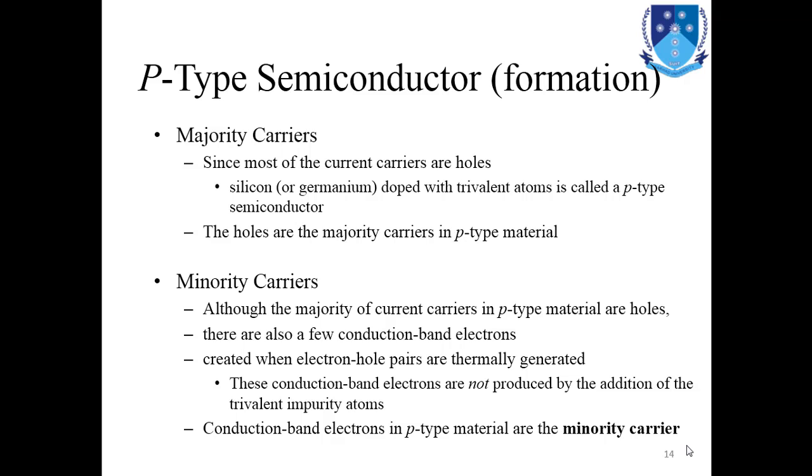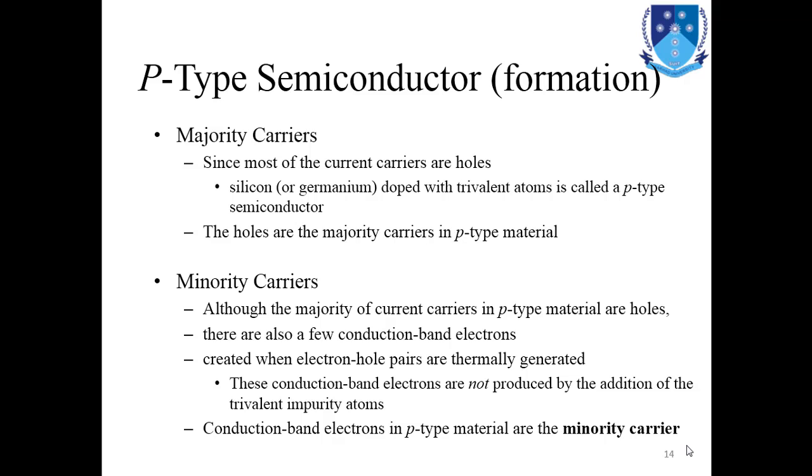Although the majority of current carriers in p-type material are holes, meaning that holes are used as current carrier particles and these holes are in majority inside the p-type material, there are also a few conduction band electrons.